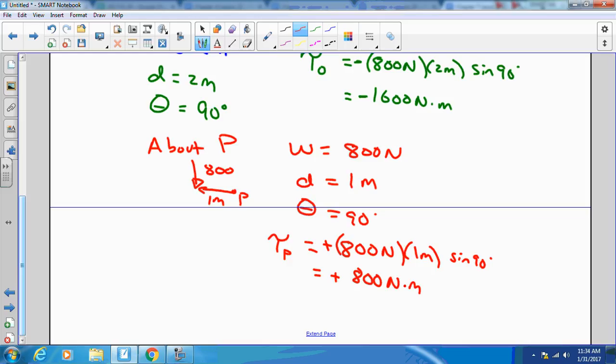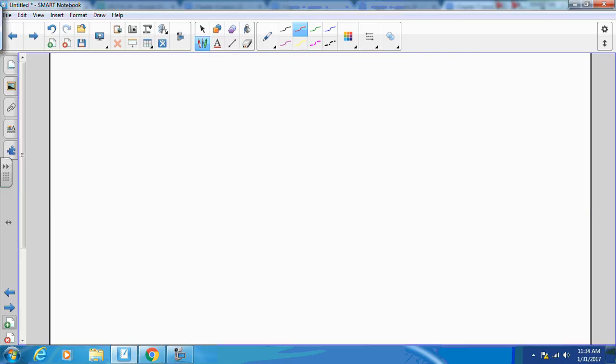All right, let's take a look at an example from a problem from your book. Let's take a look at number 24. Number 24 has an interesting feature, and that is that it has a sneaky angle.